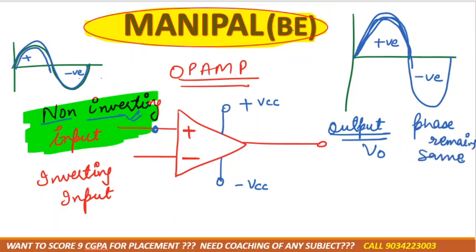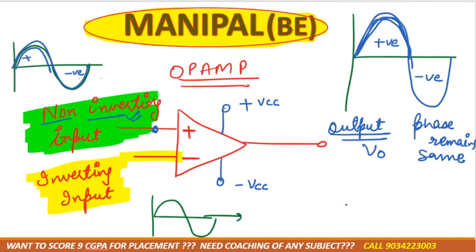same. But what happens if I provide input to the inverting terminal? If I connect voltage to the negative terminal and the positive one is grounded, then in that case again the input, suppose we have given like this, and the output will have a change in phase. Here we are giving positive supply, negative supply, but in the output we are getting first the negative supply and then the positive supply.